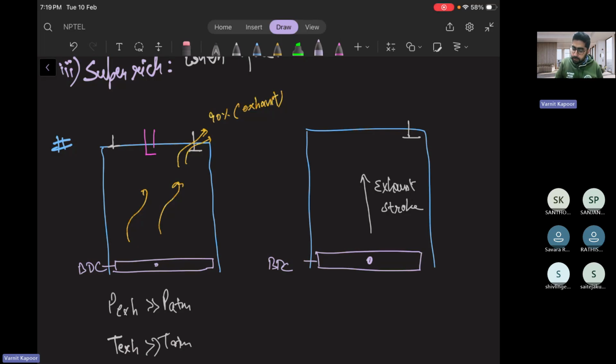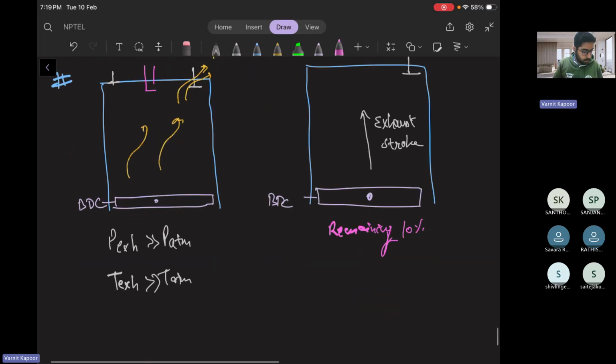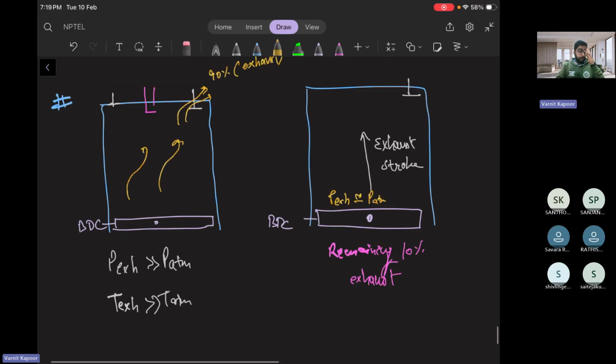Let's write: remaining 10% exhaust. And the pressure of exhaust is almost equal to the pressure of the atmosphere at this point of time.